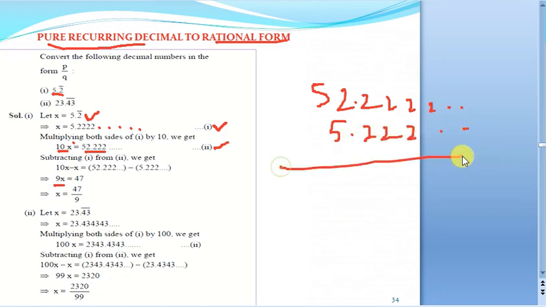Now see, why have I multiplied with 10? Because whatever the decimal form I have here, 2222 in this one and also in this one, both are the same, and when you subtract, after this decimal point the entire thing will be 0.